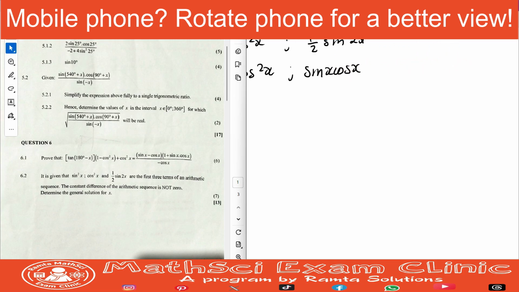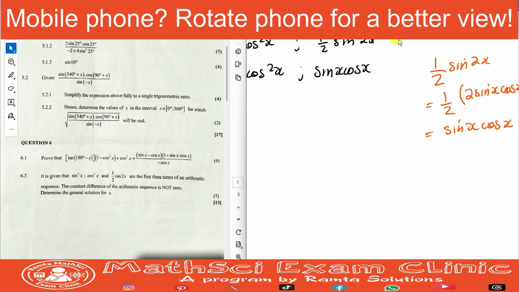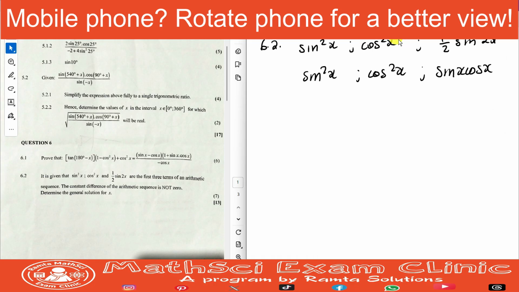We said it is half sine 2x, but we know sine 2x is the same as 2 sine x cos x. Half times 2 becomes 1, hence I wrote sine x cos x. Okay, perfect. Now, they said this is arithmetic.